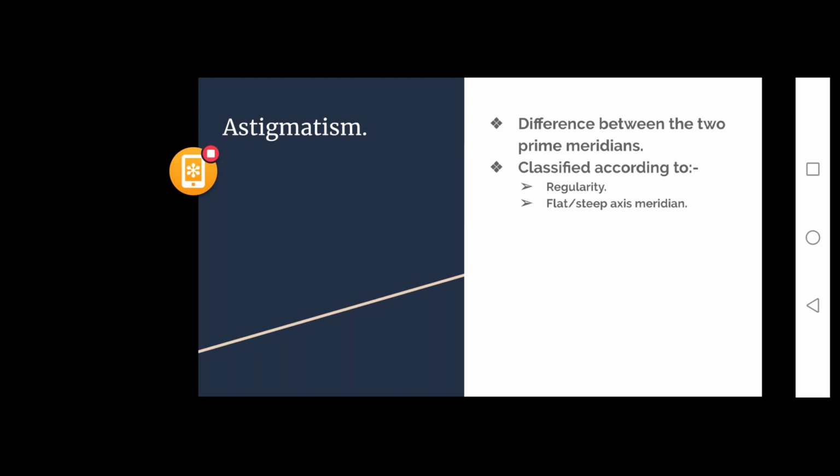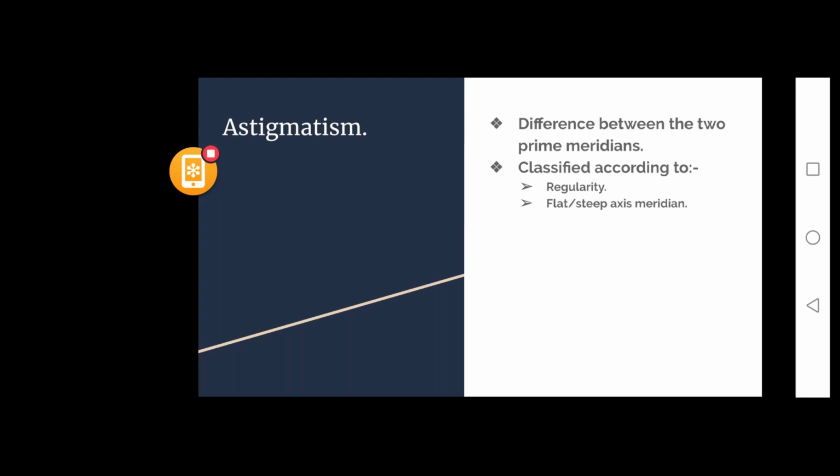So astigmatism, our friends really very nicely mentioned the types of astigmatism. They could be regular astigmatism or irregular astigmatism. There could be with the rule, against the rule, or oblique astigmatism, and there could be astigmatism from the anterior surface of the cornea or from the posterior surface of the cornea.